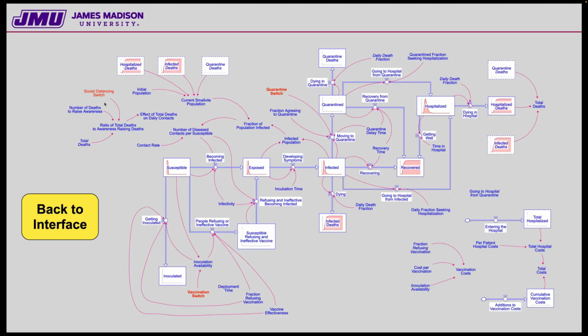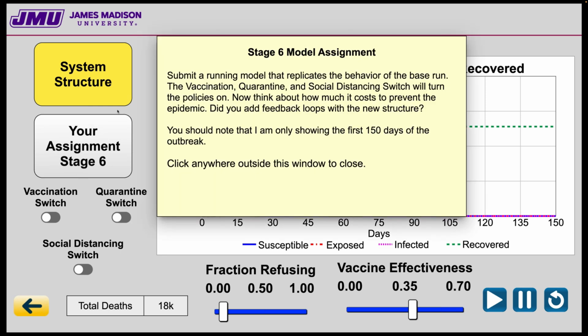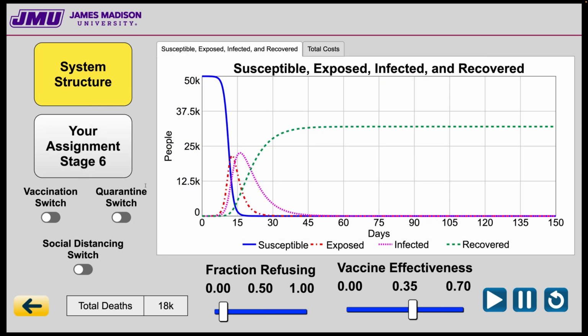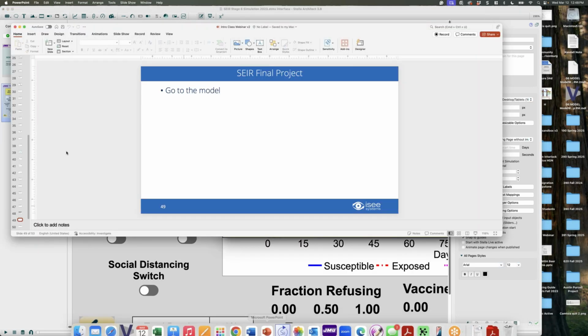They can click and look at the system structure, make sure that they're close to what they have. And they have an assignment with this, so what we're asking them to do. And they're capable of simulating this. This model remains online at all times, and you folks would also have access to that. I'm going to go back to my slides.